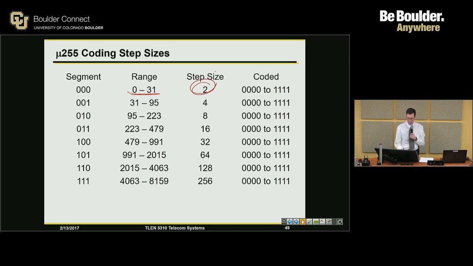When I get to the high end of the range, my segment is 111. My range is from 4K to 8K, and my step size is 256. So as you can see, there's a big difference between my low levels and my high levels. My low levels, my step size is 2. My high levels, my step size is 256.